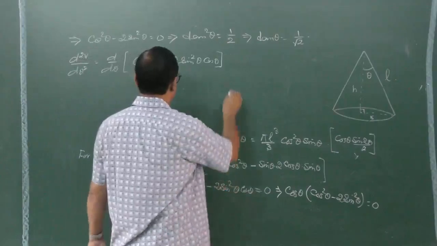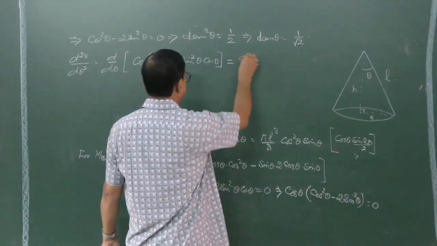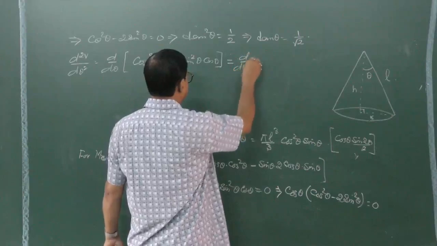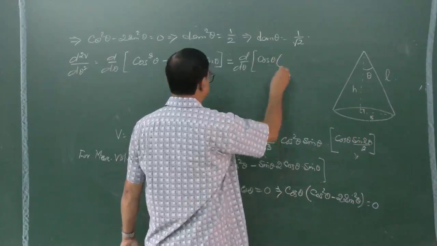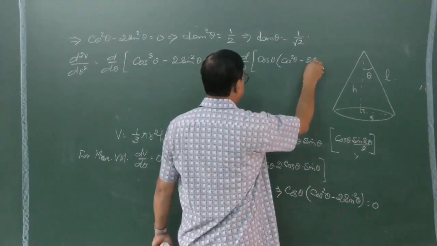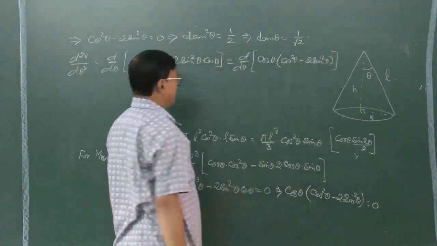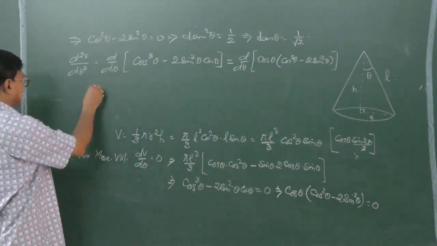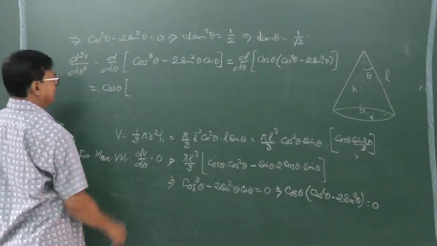So to differentiate, I am taking cos theta out. We are left with cos square theta minus 2 sin square theta. So that's a product of two functions: the first function into differentiation of the second.